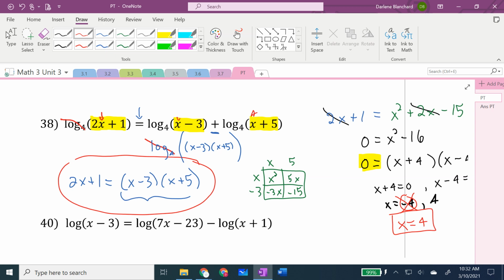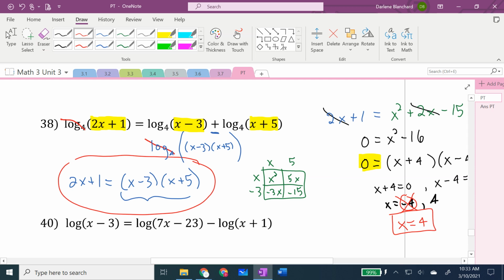Where do I plug it in? Which equation? What you want to do is go back to the original equation and grab each expression that is in parentheses after a logarithm, and you're then testing each one individually.